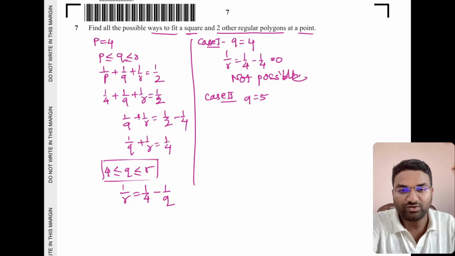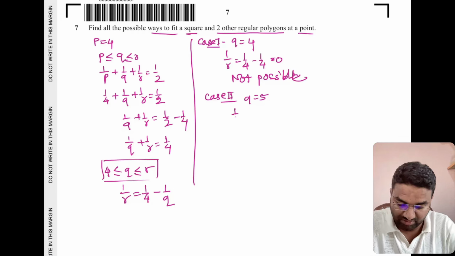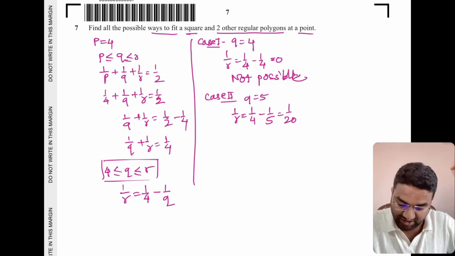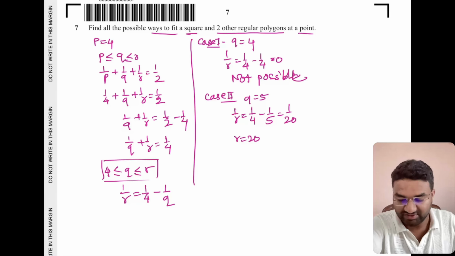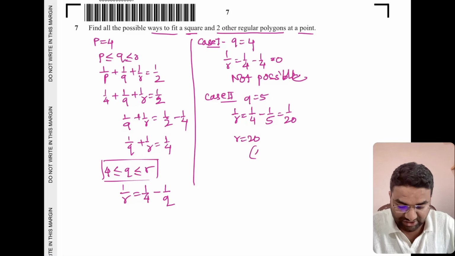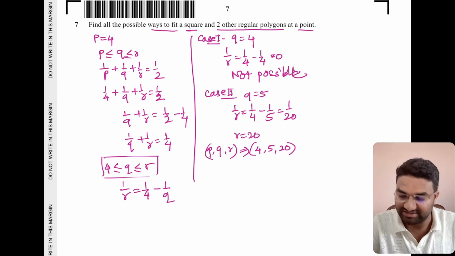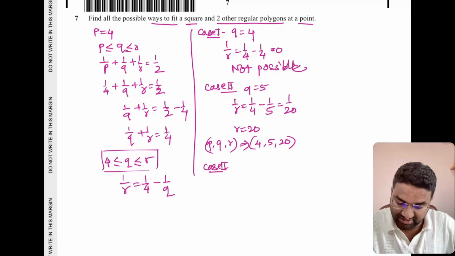When you substitute q is equal to 5, 1 upon r is equal to 1 upon 4 minus 1 upon 5. So we'll get 1 upon 20, so r is equal to 20. That's possible. So the first solution is 4, 5 and 20, that's P, Q and R. Then case 3, Q is equal to the next value.